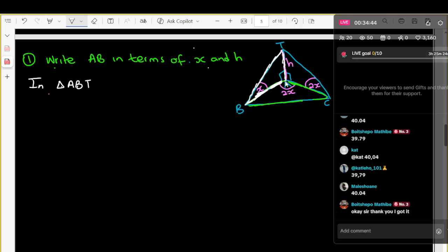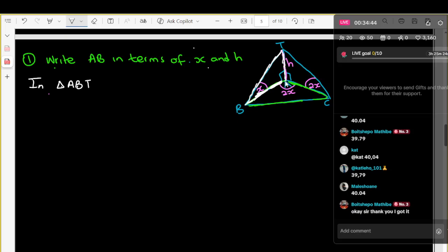This is your B. This is my 90 degrees, this is my A, this is my B, this is my T. The reason I'm rewriting the triangle is I just want to make sure that we don't leave anyone behind.